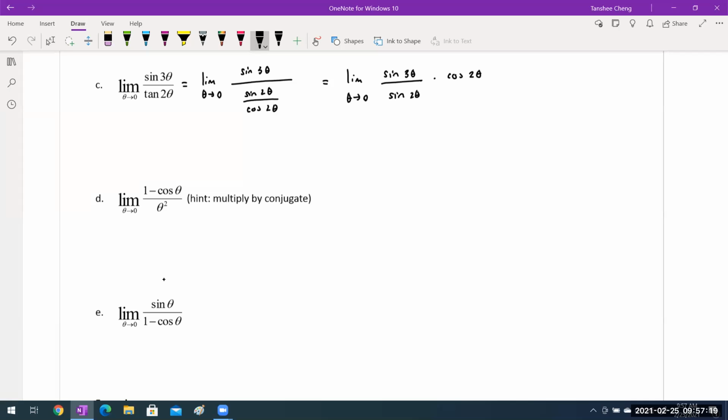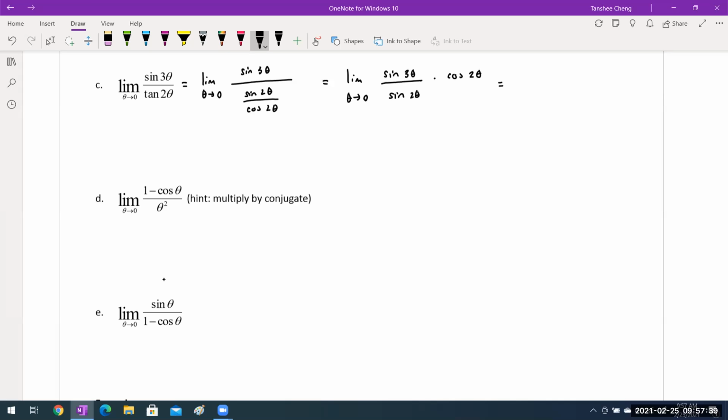Simply what I skip is the step of multiplying by the reciprocal of this fraction and then putting sine 3 theta and sine 2 theta into one fraction. Now I'm going to focus on working on this part using the idea that I just mentioned earlier.